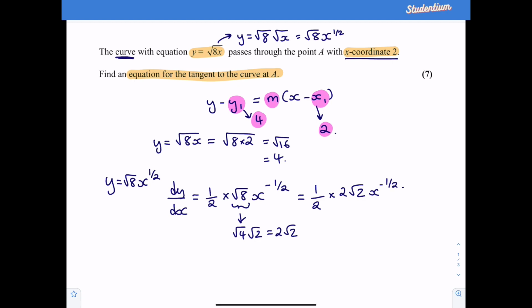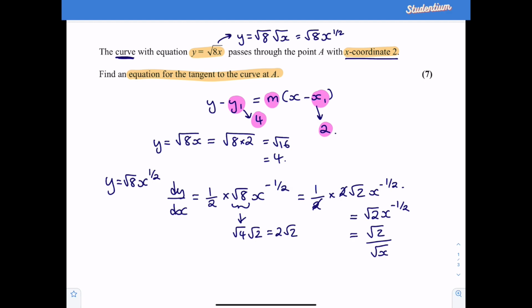And then x to the minus a half. You can see that the half and the 2 cancel out, and we get left with just root 2 x to the minus a half, which you can even rewrite as root 2 over root x, with x to the half on the bottom.